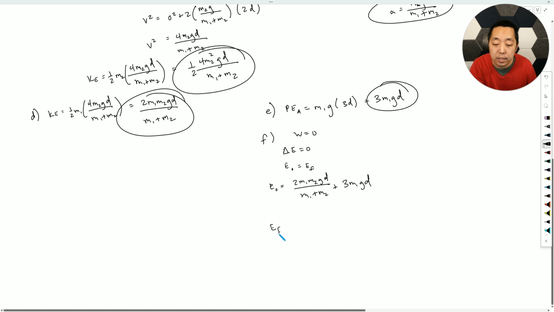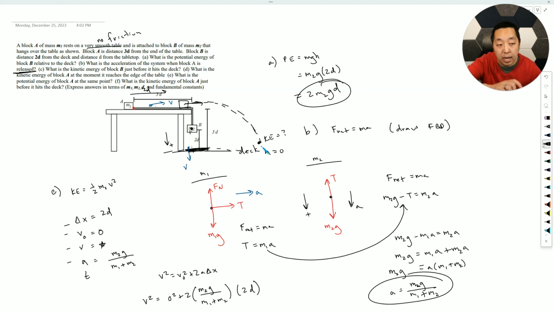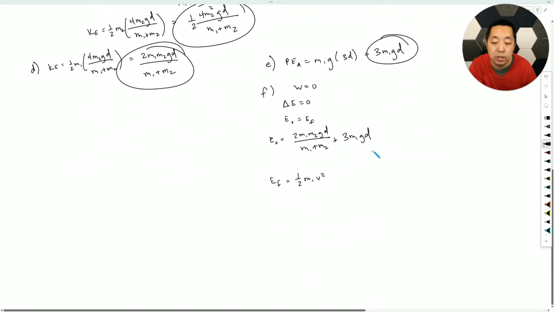And then at the end, it only has kinetic energy, because right before it hits the deck it no longer has any height. The height is 0 above the deck, so the gravitational potential energy is 0. So then by conservation of energy, we set these equal to each other.